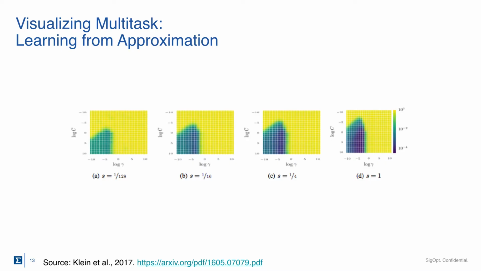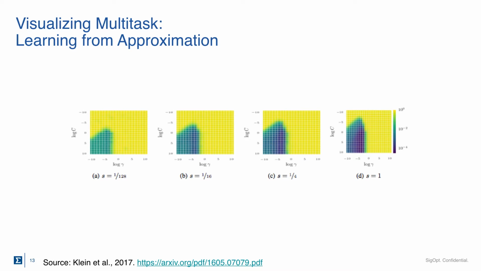So more specifically, what that means is that our partially trained models will provide us information about our hyperparameter space that we can leverage to more effectively sample for our fully trained models.